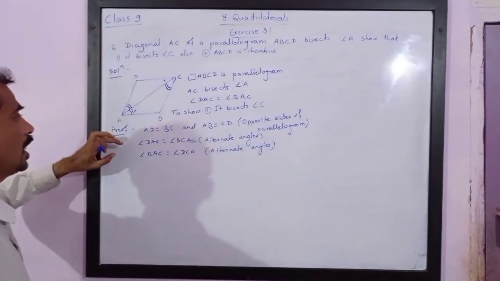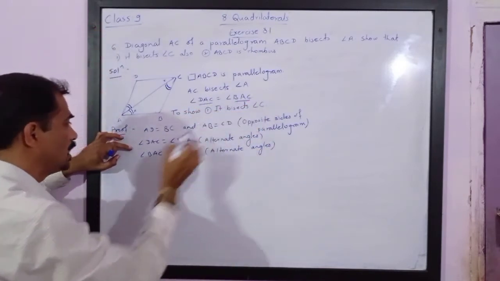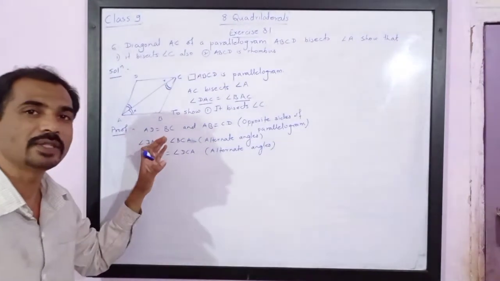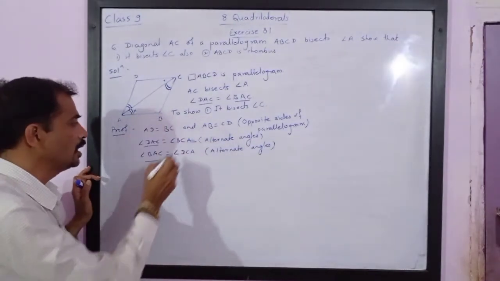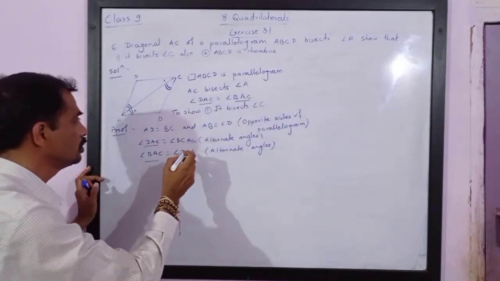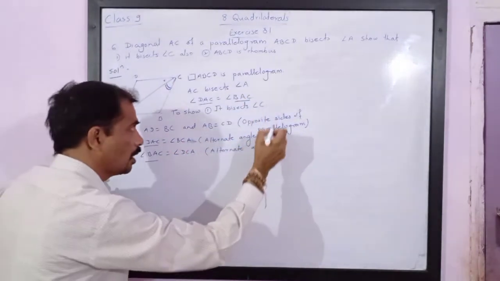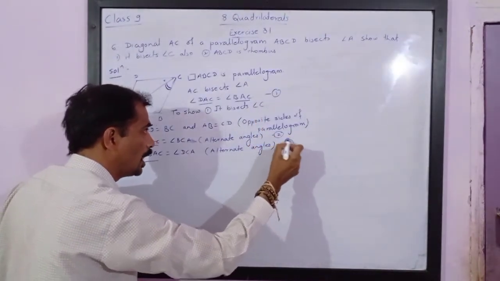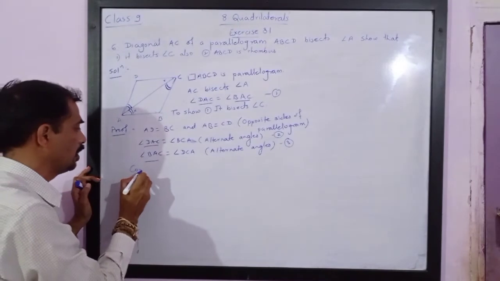Now watch carefully. We are given DAC equals BAC. If left hand sides are equal, it means right hand side must also be equal. Let's give these equation numbers 1, 2 and 3.